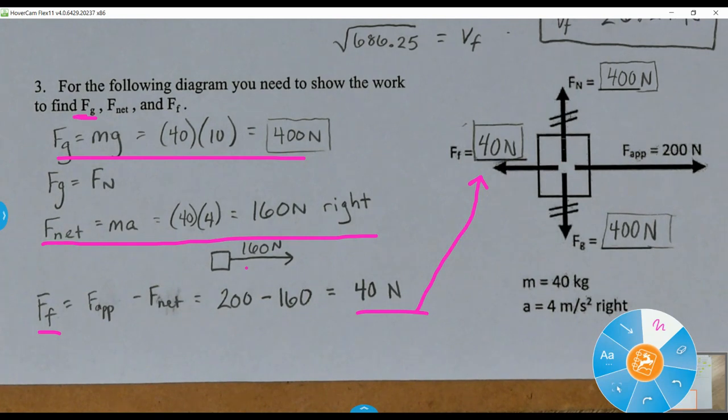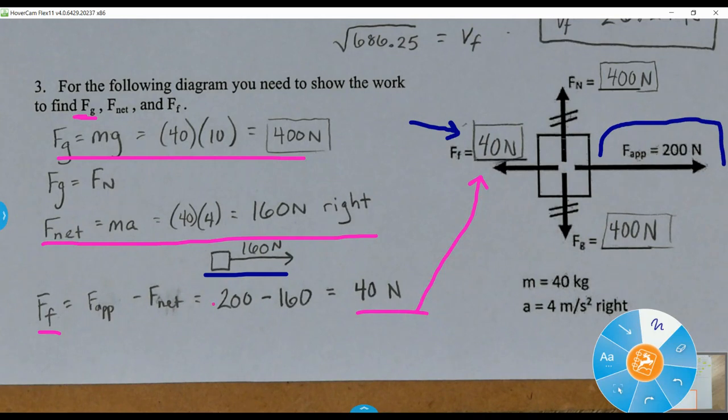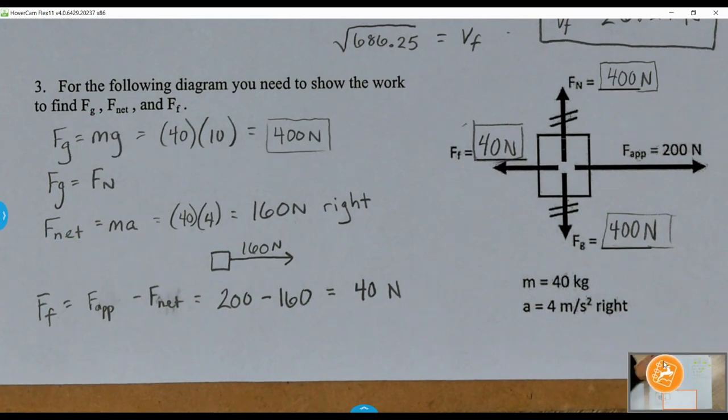Okay, well, if I need this to be the final answer, what would friction force need to be? So applied force has to be 160 newtons greater than that. So we take 200 minus 160, we got our 40, and therefore we have our friction force. So again, you guys will see this problem, just different numbers.